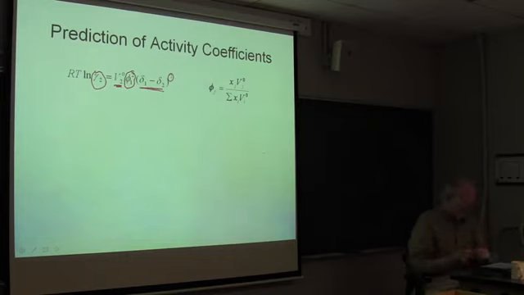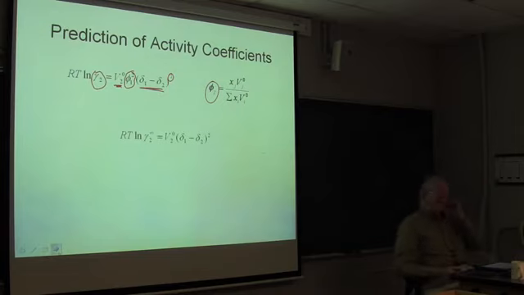Now, the volume fraction is calculated as the mole fraction times the molar volume of that species divided by the total volume of the system. Let me make life simple and only consider a binary mixture of 1 and 2, not 1 with 2 and 3 or anything more complicated. And let me go to infinite dilution of species 2 in liquid 1.